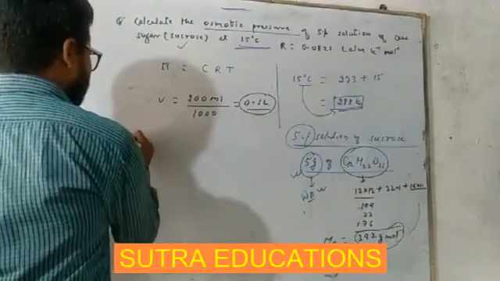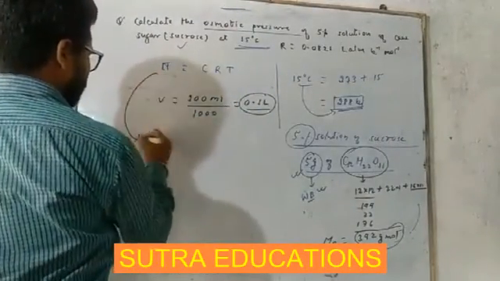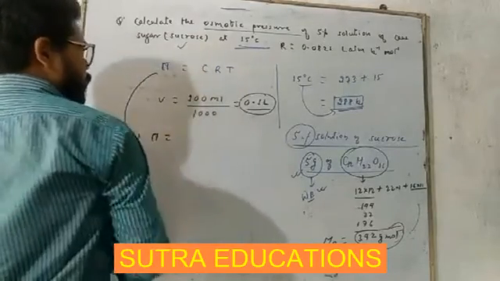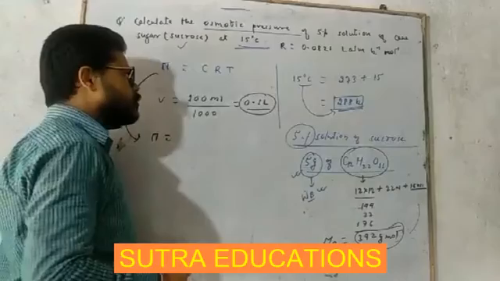Pi is equal to CRT. C is number of moles of solute upon volume of solution in liter.